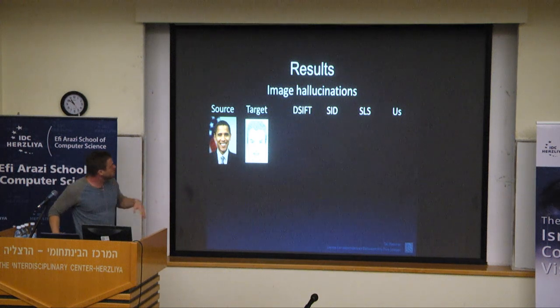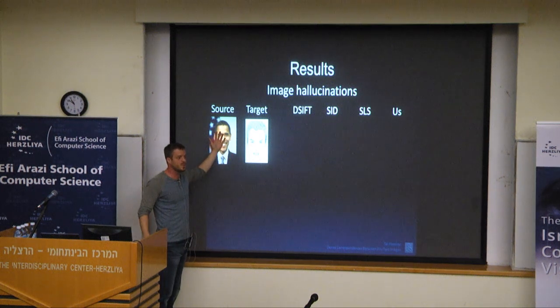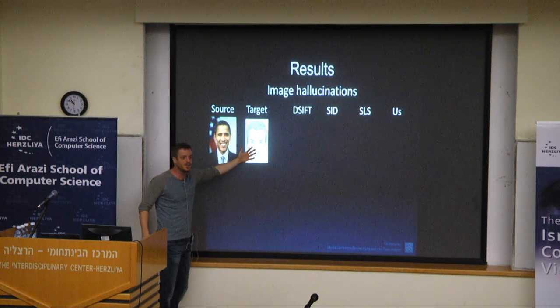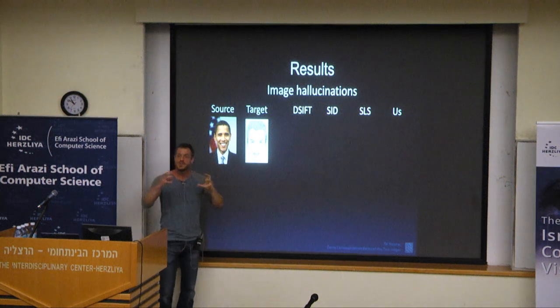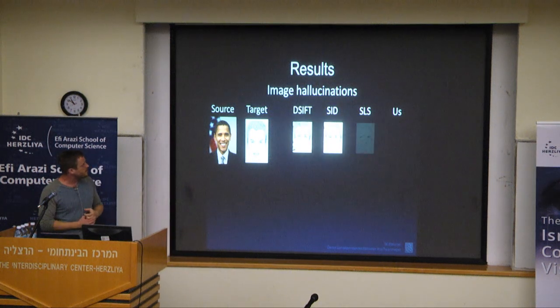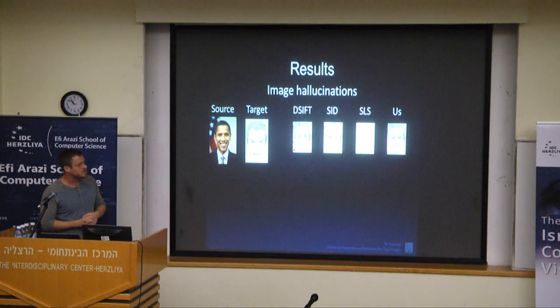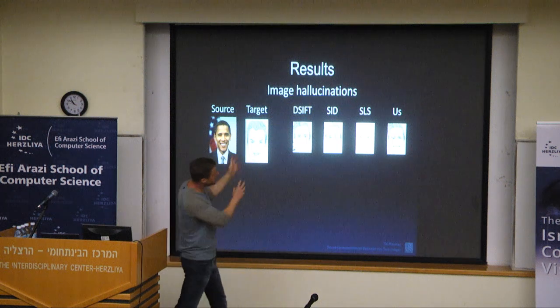So the object of this game here is we want to form correspondences from the source to the target image, and then pull back the intensities from the target image onto the source, warping it into the shape of the source. So this is what we get for the different descriptors. I was hoping for a larger screen, so maybe I miscalculated.